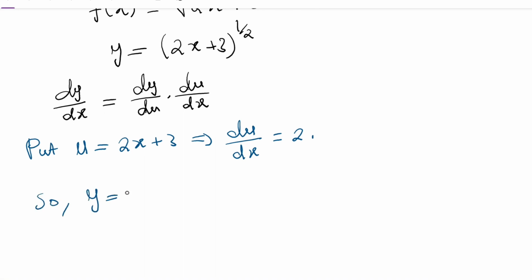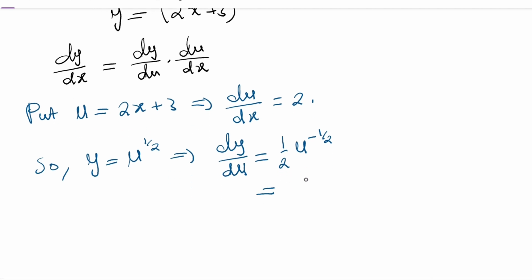So y is equal to, where there is 2x plus 3, we put u to the power 1 over 2. This implies dy with respect to u is equal to 1 over 2, then we reduce the power by 1, which is negative 1 over 2. So this becomes 1 over 2 u to the power half.